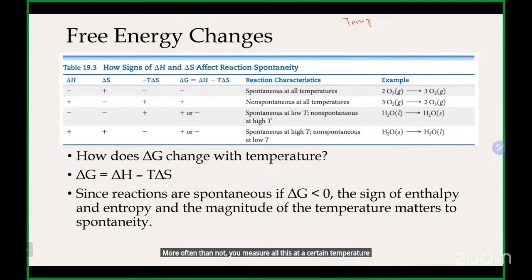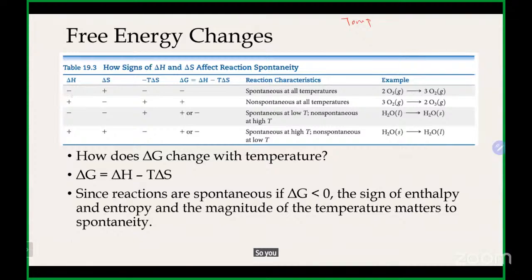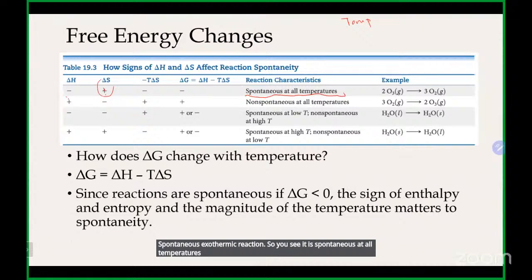Once the temperature changes, the value changes. Okay, so you can have an exothermic reaction with positive delta S. That's a spontaneous exothermic reaction. So you see, it is spontaneous at all temperatures. It doesn't matter.